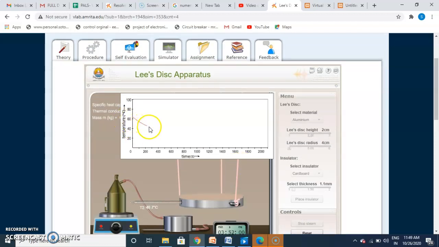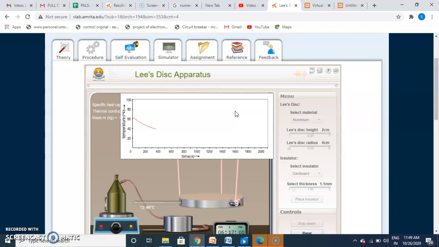Now the graph is generated between time and temperature. From the graph we have to note dθ/dt.